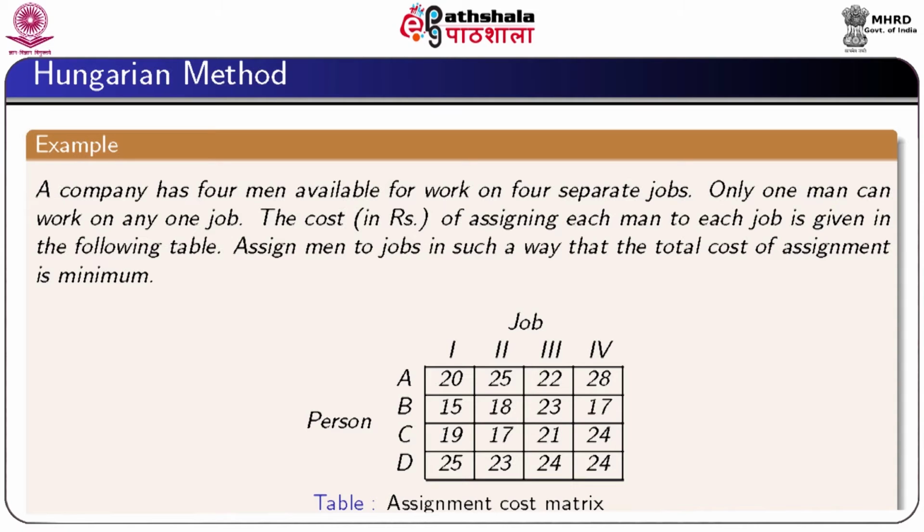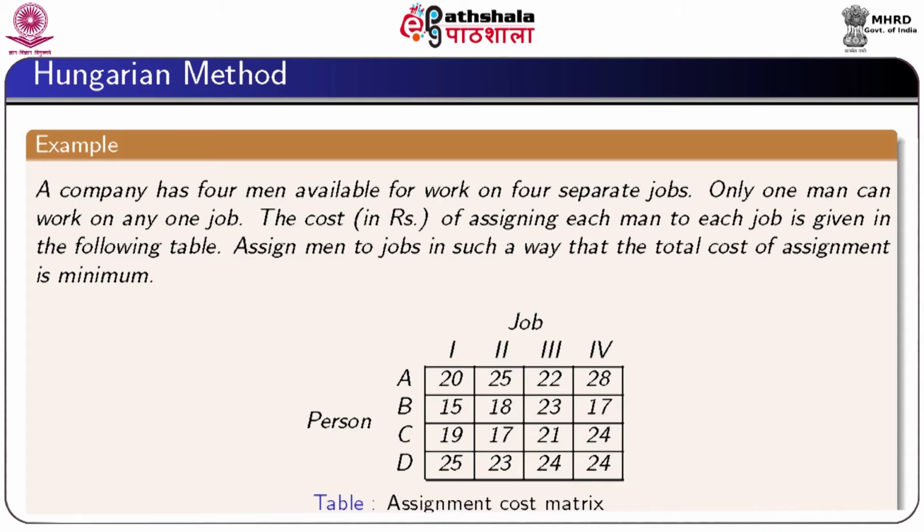Only one man can work on any one job. The cost of assigning each man to each job is given in the following table. Our objective is to assign men to jobs in such a way that the total cost of assignment is minimum.